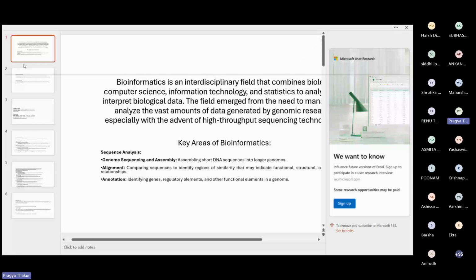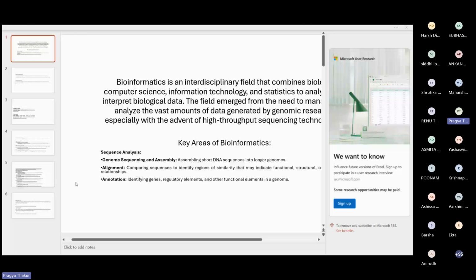Okay, so here we come to genome sequencing and assembly. As I told you, what is a genome? A genome is the total amount of DNA within the body of an organism. How that whole amount of DNA is sequenced and how it is assembled comes under genome sequencing and assembly.